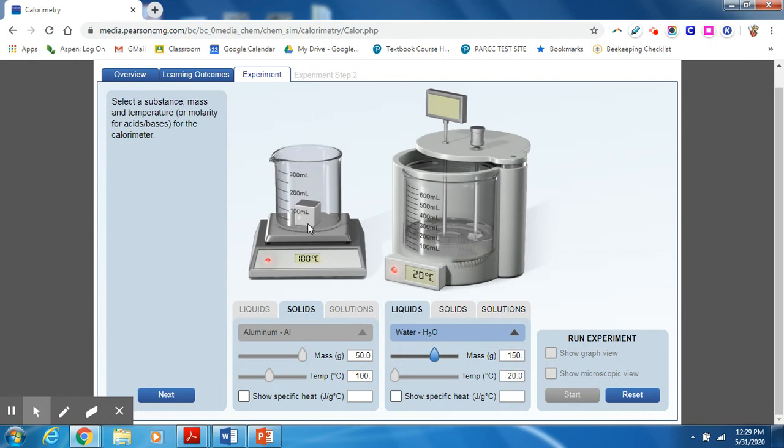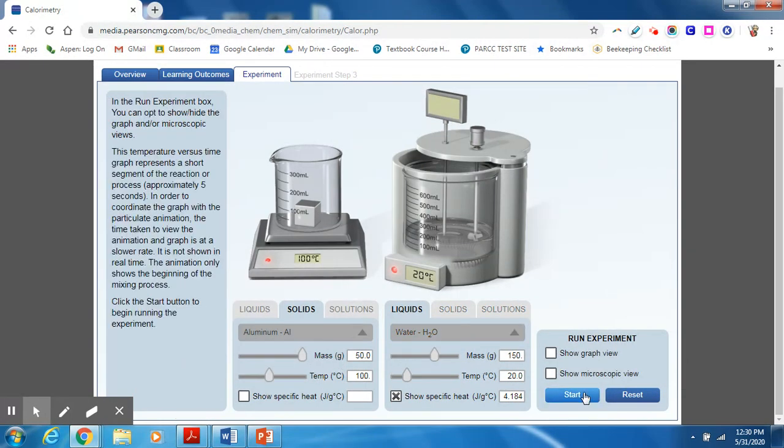So our metal is here. It's very hot, 100 degrees Celsius. Our water's here. It's kind of cold, like room temperature. What we would like to know is how much energy this metal will transfer to this water. Now we know that the specific heat of water is 4.18. What we don't know is the specific heat of this aluminum metal. We can figure it out by figuring out just how much we can change the temperature of this water, just how much energy that hot piece of aluminum can transfer.